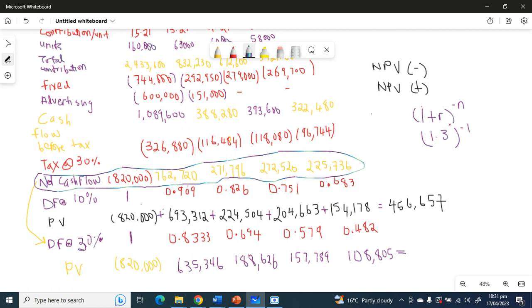Year zero is always going to equal 1. Year two, 1.3 to the power negative 2. Year 3, 1.3 to the power negative 3. Year 4, just like that. So let me erase this part here so that we get our new discount factors.